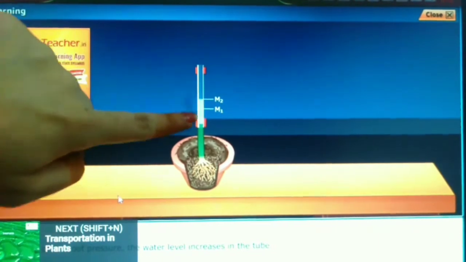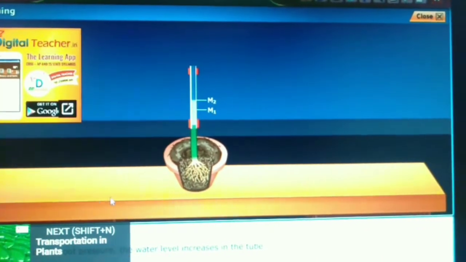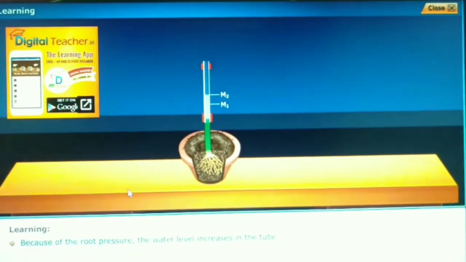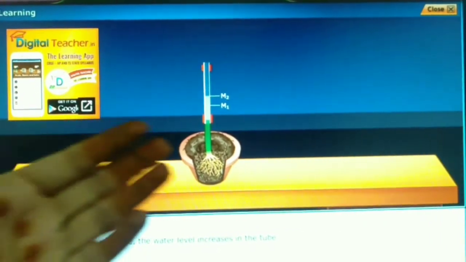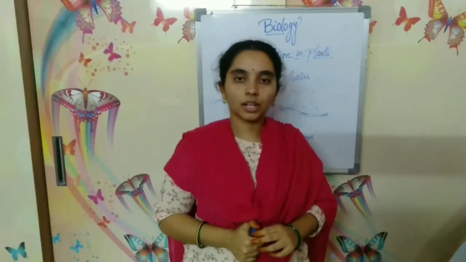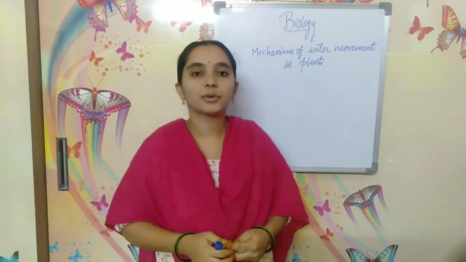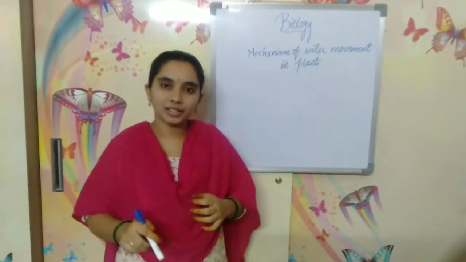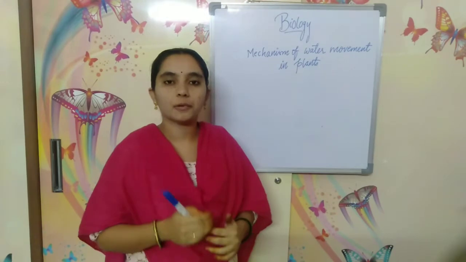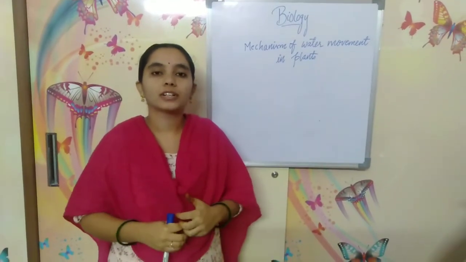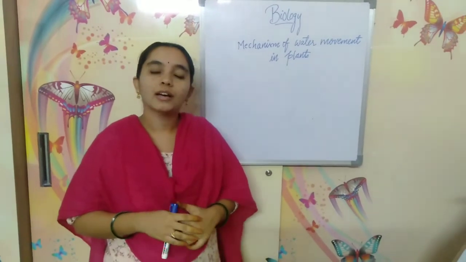This difference tells that the root exerts some pressure to transport water from the roots to the upper parts of the plant. So we have seen how root hairs absorb water from the soil and how they transport water to the top of the tree.